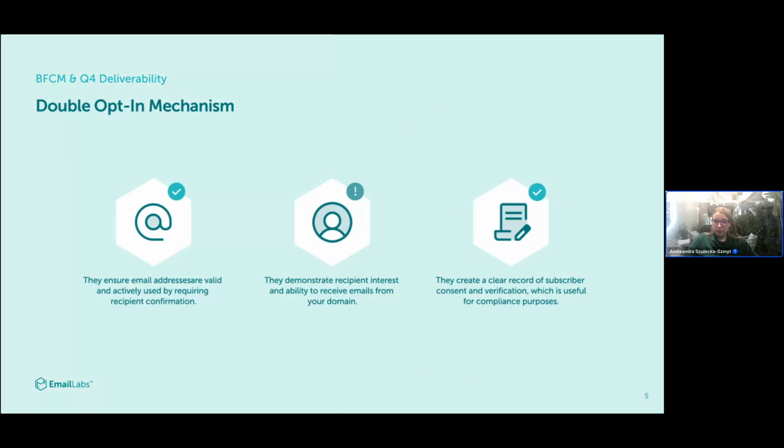Another way, not directly connected to list hygiene, but it can help you build a better email contact base, is using a double opt-in mechanism when gathering the emails for your email list. And what does it mean? It means that when a client wants to subscribe to your newsletter, they maybe use a special form on your website.